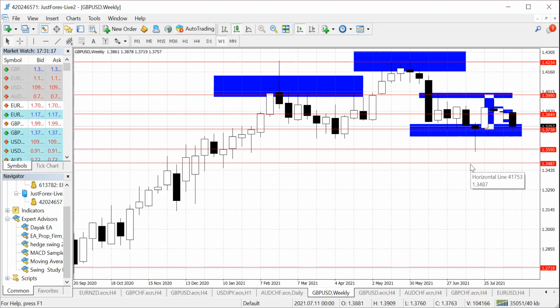Now, what do you expect? If FOMC news comes up positive, then we are expecting GBP/USD to go up and retest this zone, then down, either to break below our resistance zone or touch the wick.